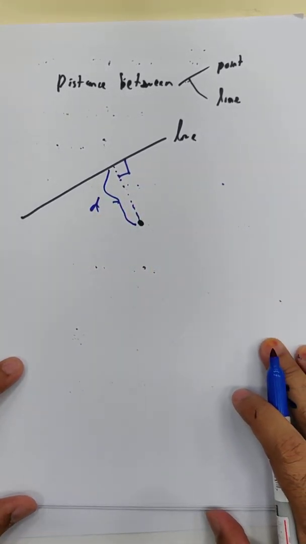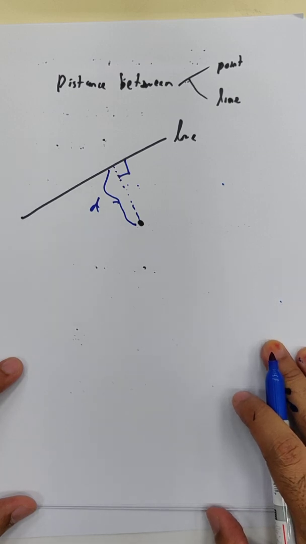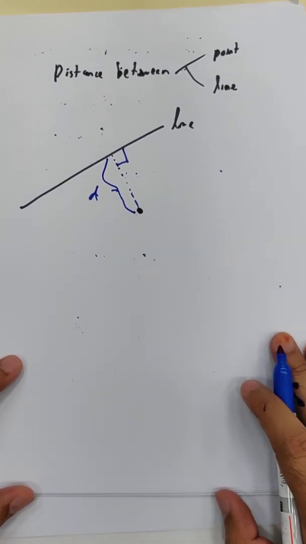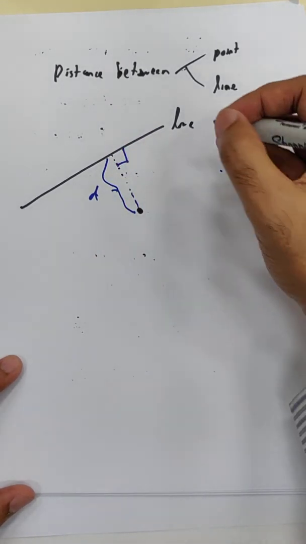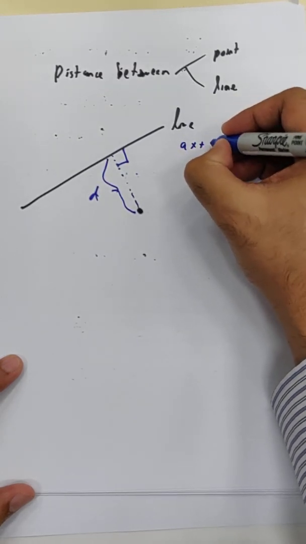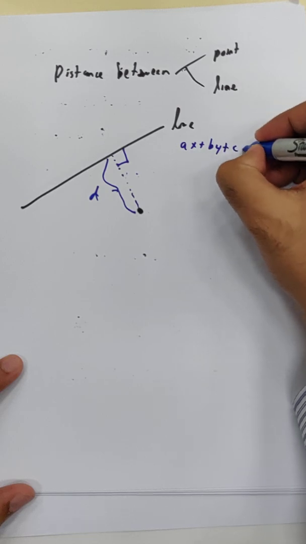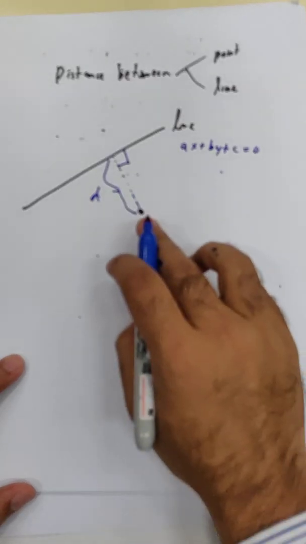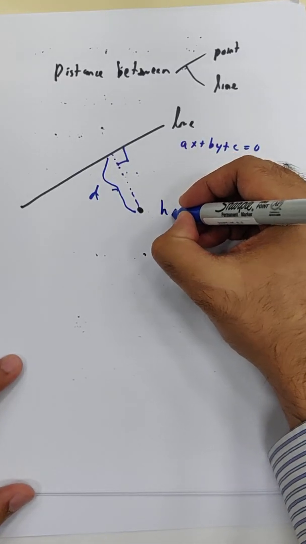Are you okay? And you can write things down in many ways. The line equation, we want it to be in this form: ax plus by plus c equals to 0. And let's call this point h and k.